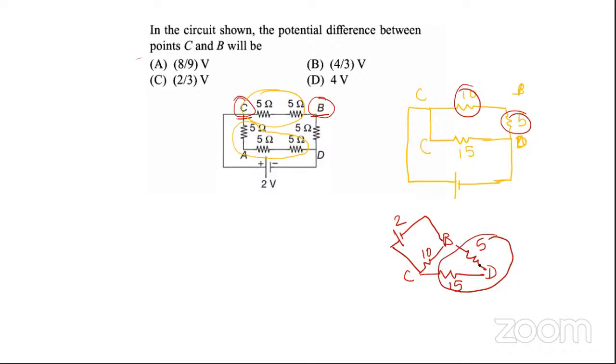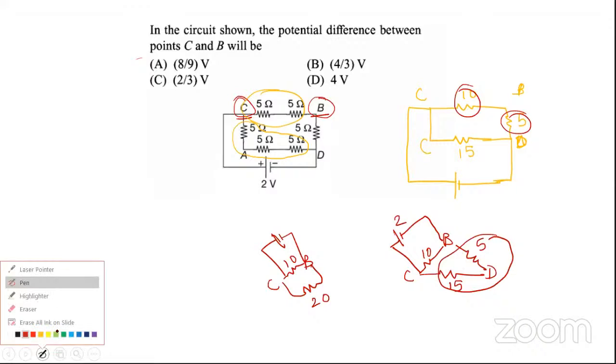These both are in series. So we get this becomes 20, this becomes 10. Isn't the potential applied between C and D? Oh yeah, I'm sorry. Just a second.